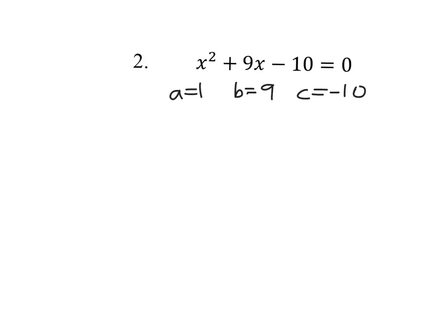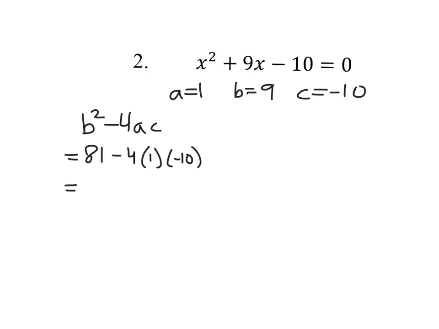Okay, and then again, write small right now because we're going to use space again next day. Calculate the discriminant. B squared minus 4ac equals 9 squared is 81 minus 4 times 1 times negative 10. This is 81.